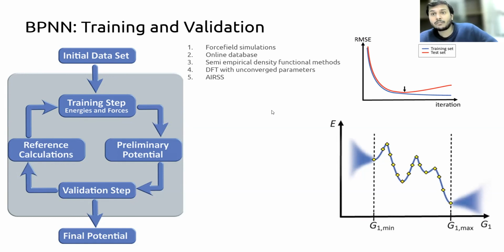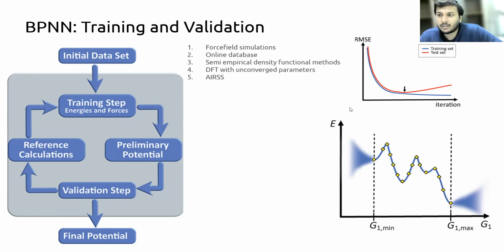Now, the question was asked: if you train your model at a given temperature, is it only going to be valid at that temperature, or can you use it at a different temperature? Well, I would say that it really depends on what kind of sampling you have performed. If you perform your sampling at high temperatures, then you're likely to have a more diverse set of local environments in your training data, and therefore performing simulations at lower temperature should also work.